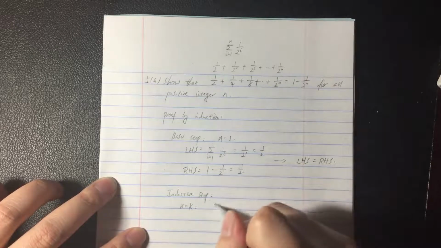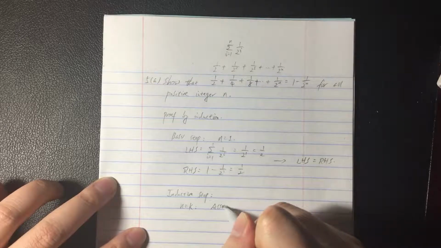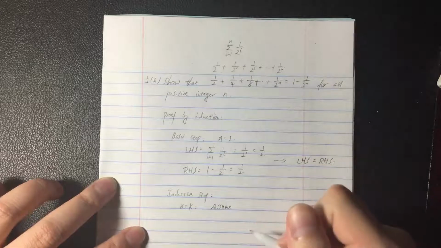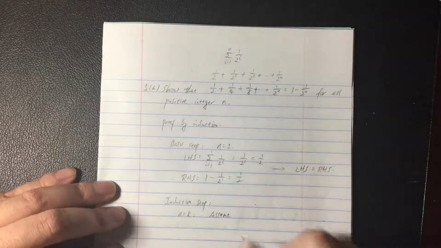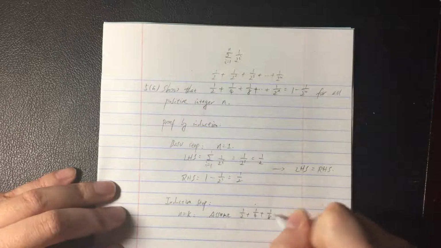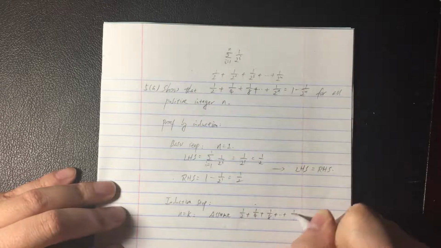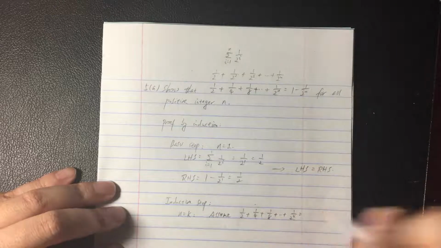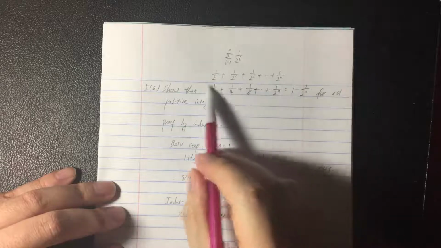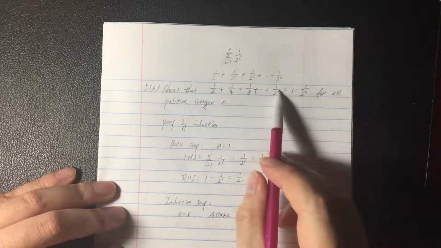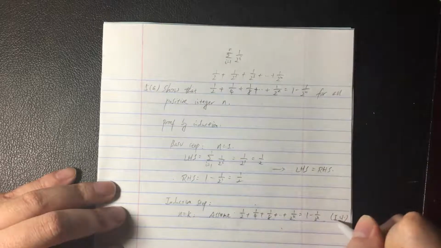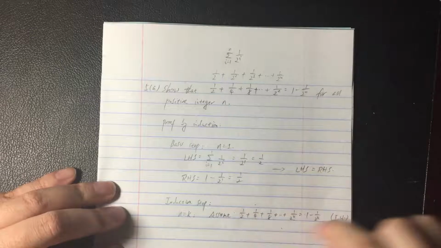When n equals k, we assume this statement is true, so 1 over 2 plus 1 over 4 plus 1 over 8 plus ... plus 1 over 2 to the power k equals 1 minus 1 over 2 to the power k. This statement here is called the induction hypothesis.